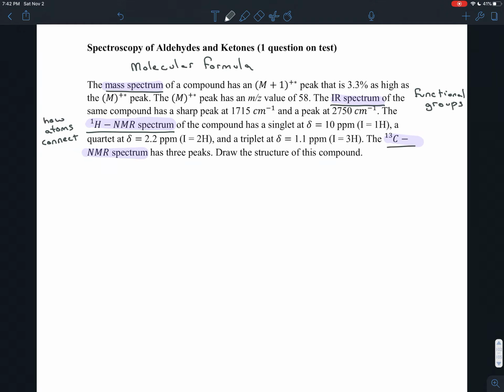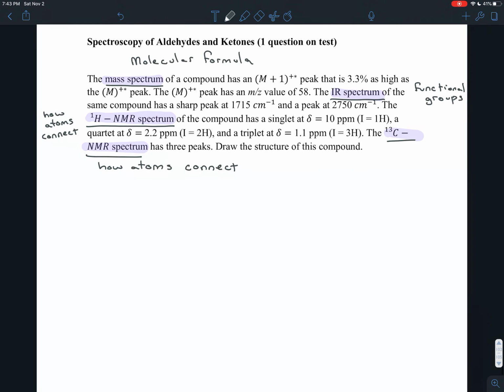And the carbon-13 NMR spectrum does the same thing. It tells you how atoms connect, but instead of doing it through hydrogen, it does it through carbon. It tells you how many carbons are in unique electronic environments. And based on that, you can fit the atoms together to create those environments. So these are our pieces.